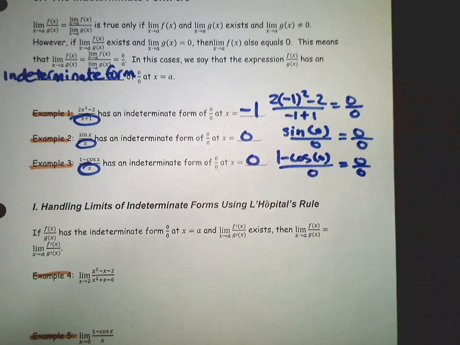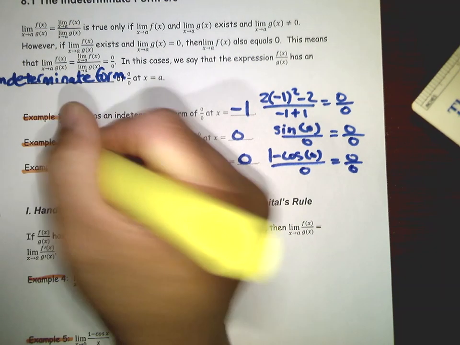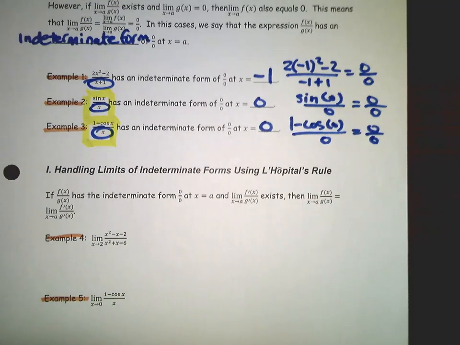Hopefully you remember that in the very first chapter, we had to memorize the limits of these two as x approaches 0, because we weren't able to find them since the expression was undefined because the denominator was 0 there.